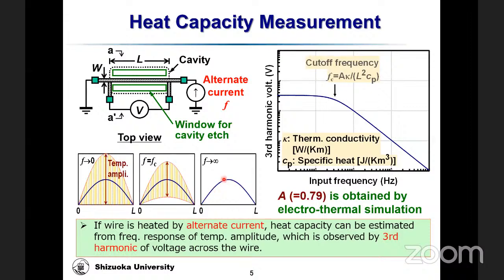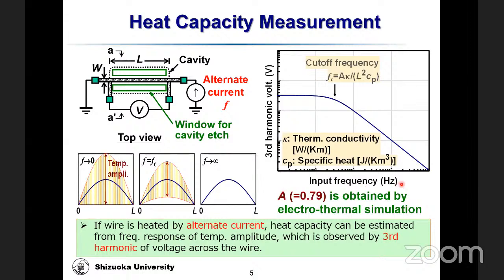Only the temperature distribution exists like this. And the temperature amplitude of the nanowire can be measured by looking at the third harmonics of the voltage across these voltage terminals.